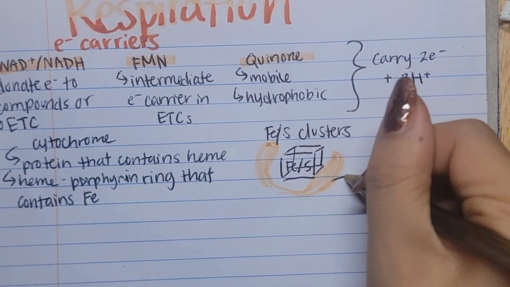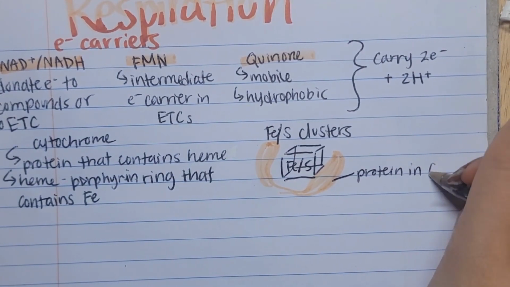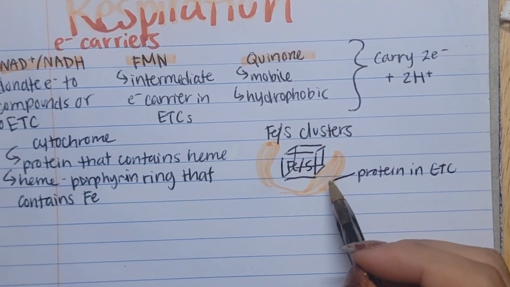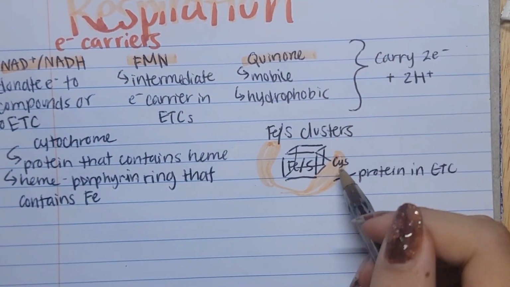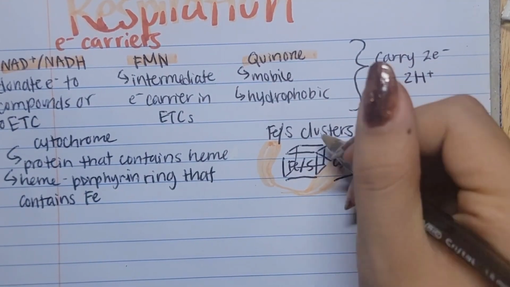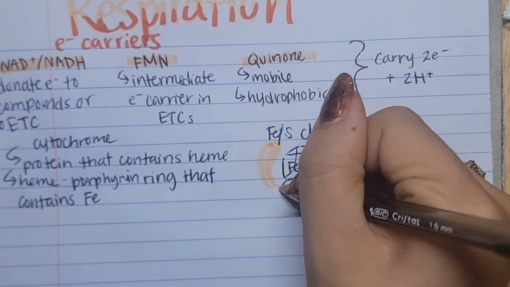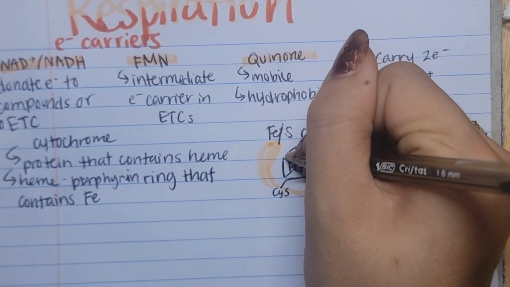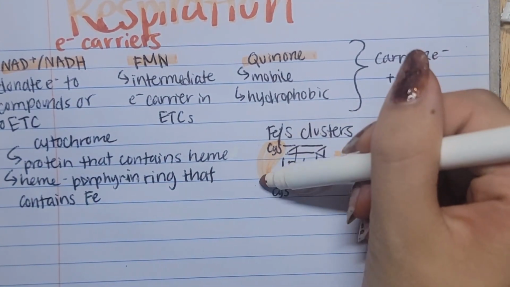So that's what this is. Protein in ETC. It's covalently bound with cysteine residues. So there's going to be the amino acid cysteine, and I'm just going to write it as cis, so if you want to mark that as something else, you can. So it's bound to this protein in the electron transport chain, connected to the cysteine amino acids, okay? So that's what's happening here.